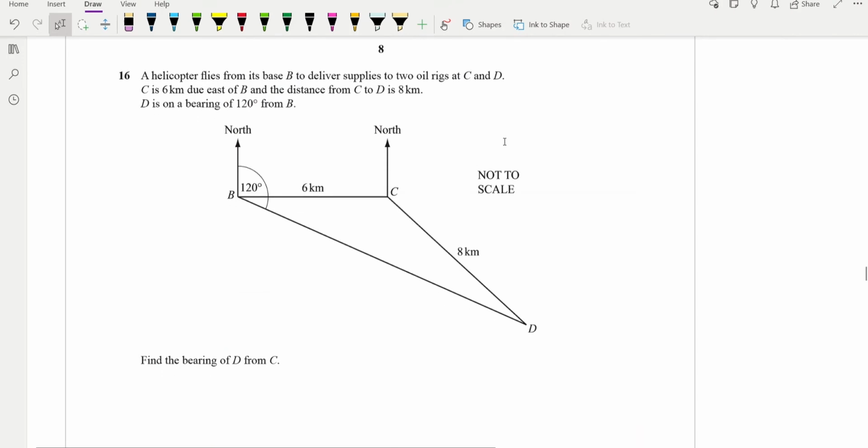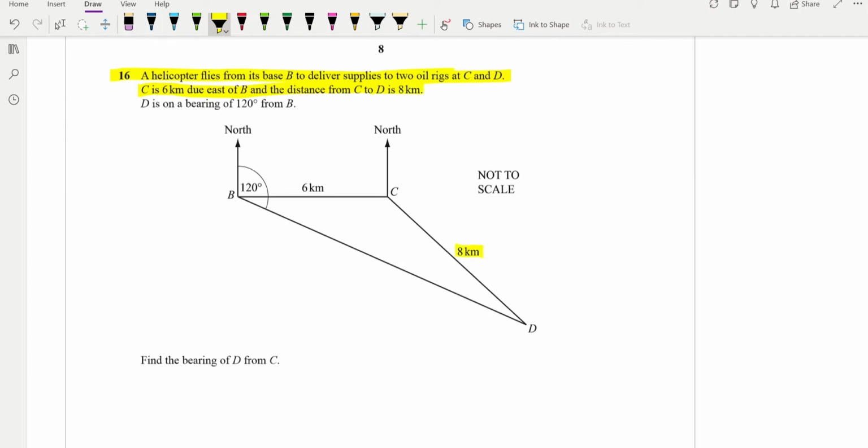Now question number 16. Question number 16 says a helicopter flies from its base B to deliver supplies to two oil rigs at C and D. C is 6 kilometers due east of B, and the distance from C to D is 8 kilometers.